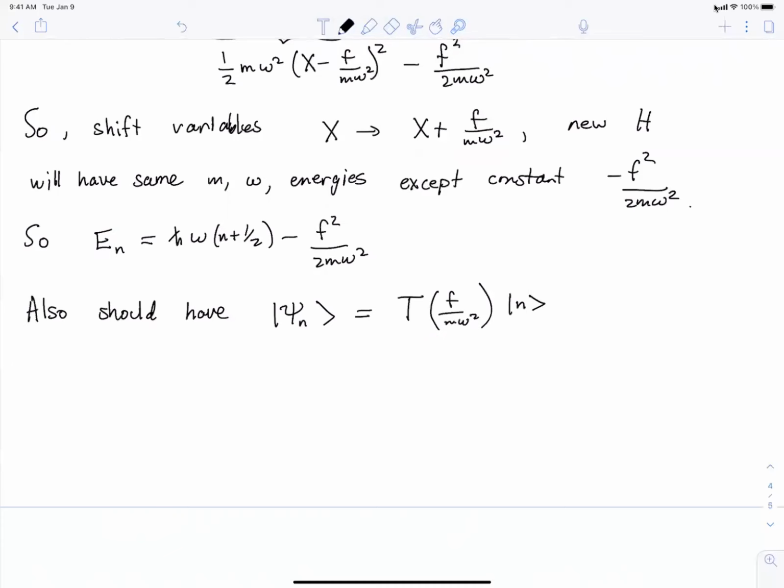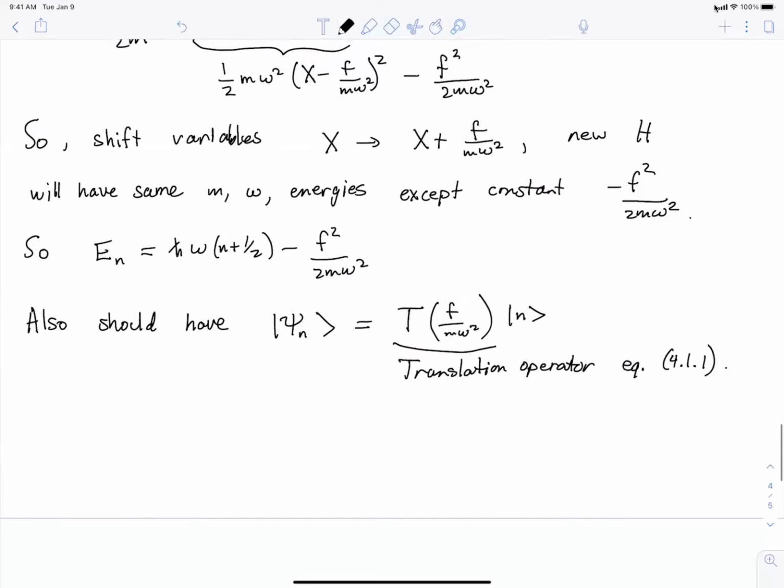So a reminder, this right here is the translation operator, which was defined in section 4.1, in particular equation 4.1.1 was where we defined what the translation operator was. Okay, it's just something that moves you over by a displacement, f over m omega squared.